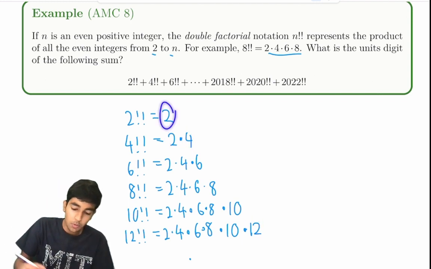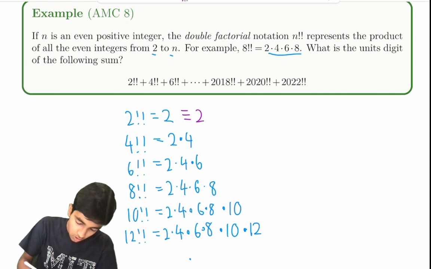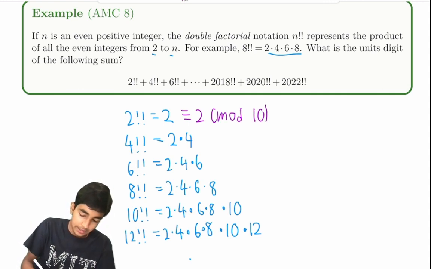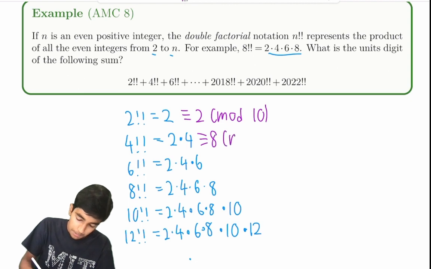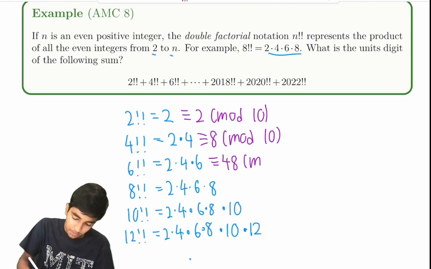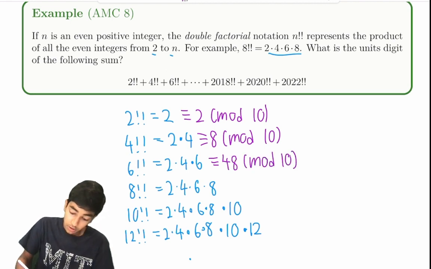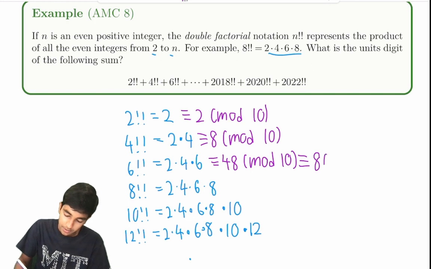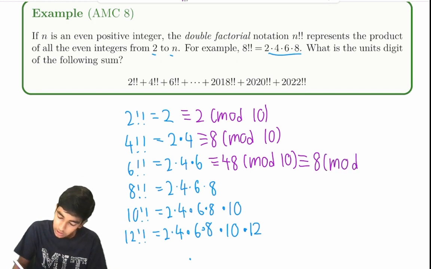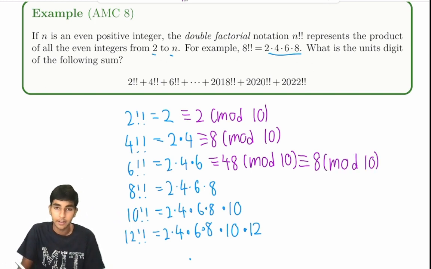So 2 is just 2 mod 10, right? 2 mod 10, remember, that means leaves a remainder of 2 when divided by 10. That's 8 mod 10. That is 48 mod 10, which is the same thing as 8 mod 10. Remember, it's not equal, it's equivalent or congruent.